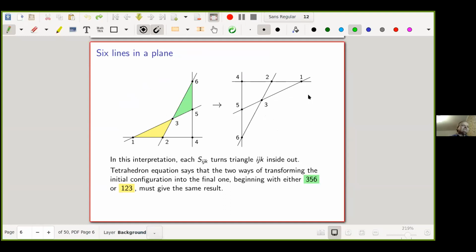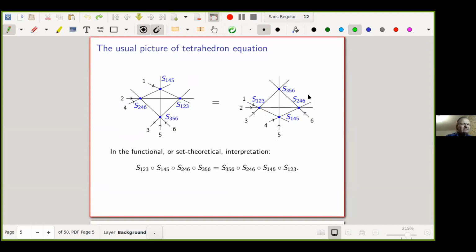Here we see also some standard picture where the numbers are the same as in the previous picture.